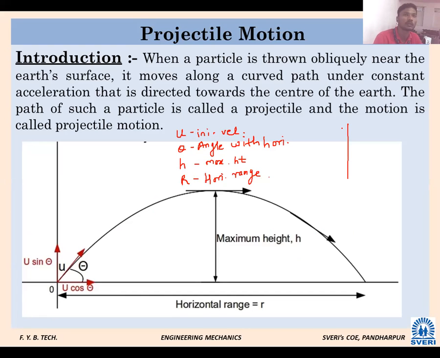That's why I asked what is the equation of the x-axis and what is the equation of the y-axis. The y-axis equation will be x equal to 0 and this will be y equal to 0 simply.